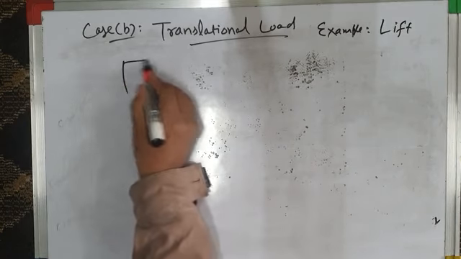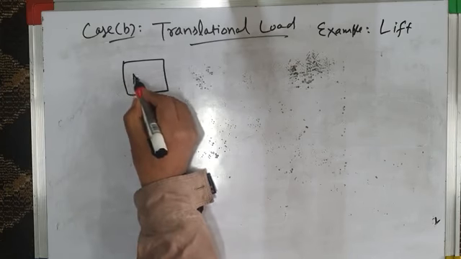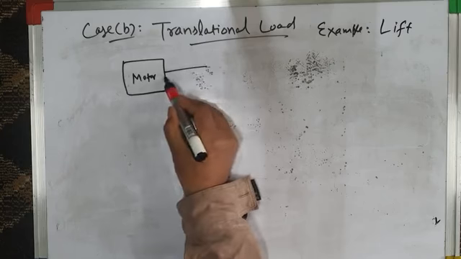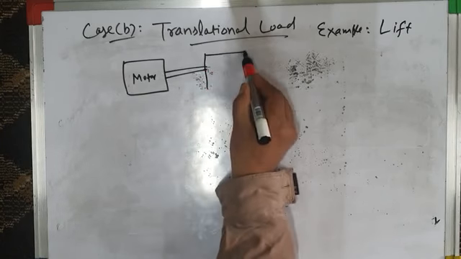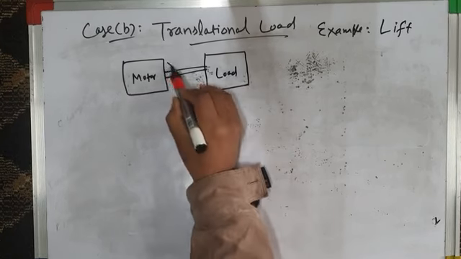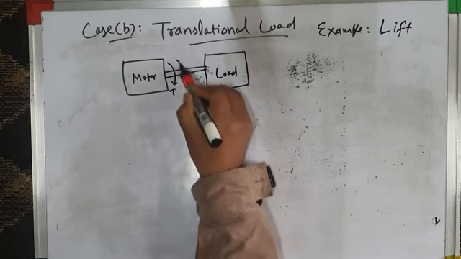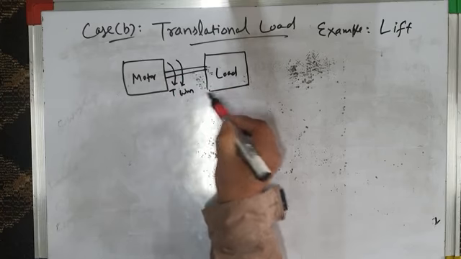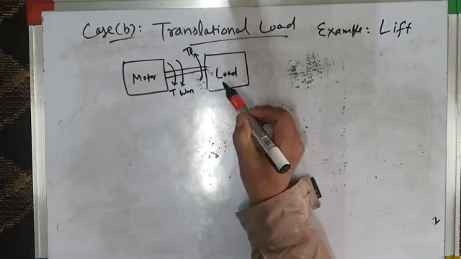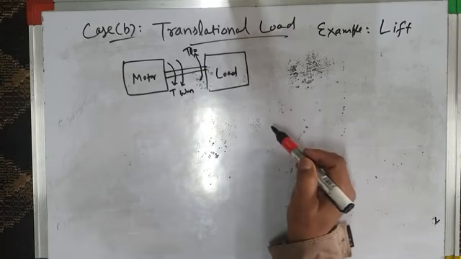Let us take such a system. This is the motor again, maybe a DC or AC motor, depending upon whether your drive is a DC drive or AC drive. And let us suppose this is the load. The motor develops a torque T, which results in rotation at speed omega m, and the load torque is TL, or let's call this torque TL naught.